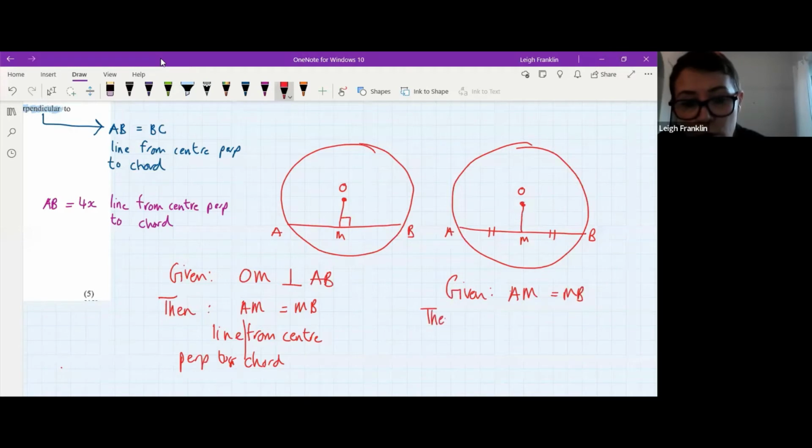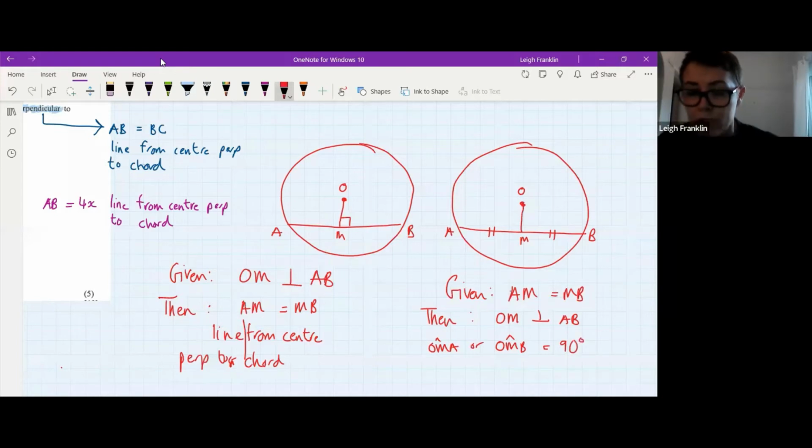So we conclude either OM is perpendicular to AB, or angle OMA or OMB is equal to 90.